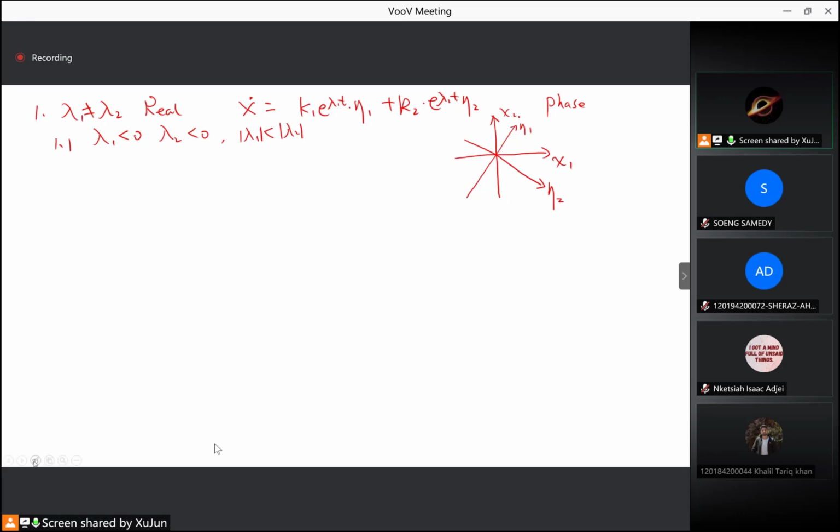So when the system goes to 0, it will be tangent to eta 1. And when the system goes to minus infinity, it will be parallel to eta 2. So it will be like this. The figure will be like this.